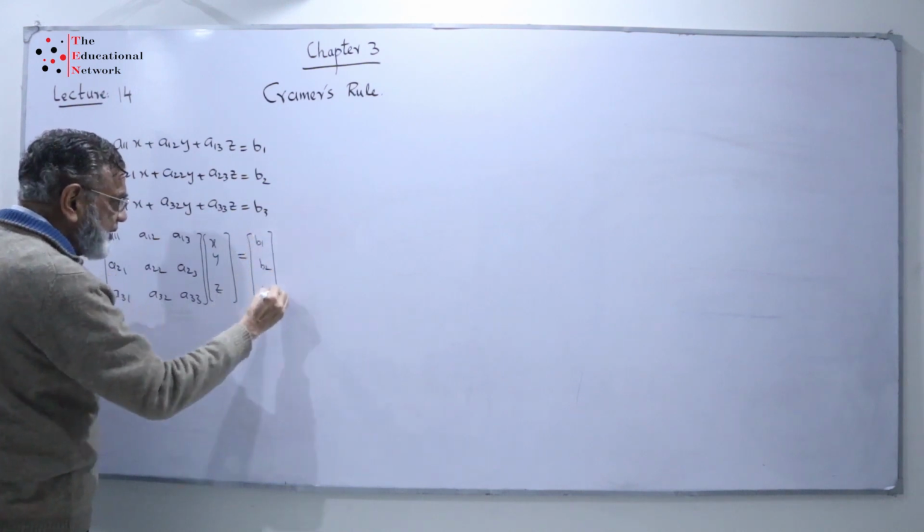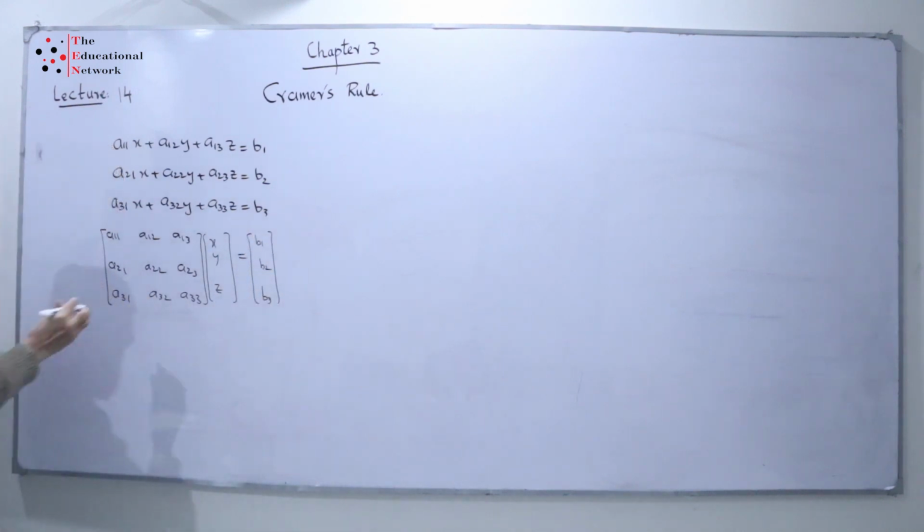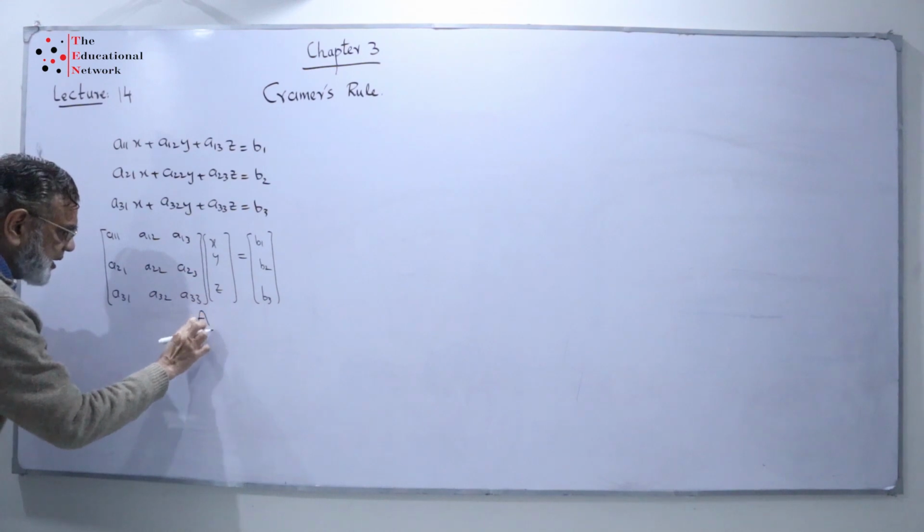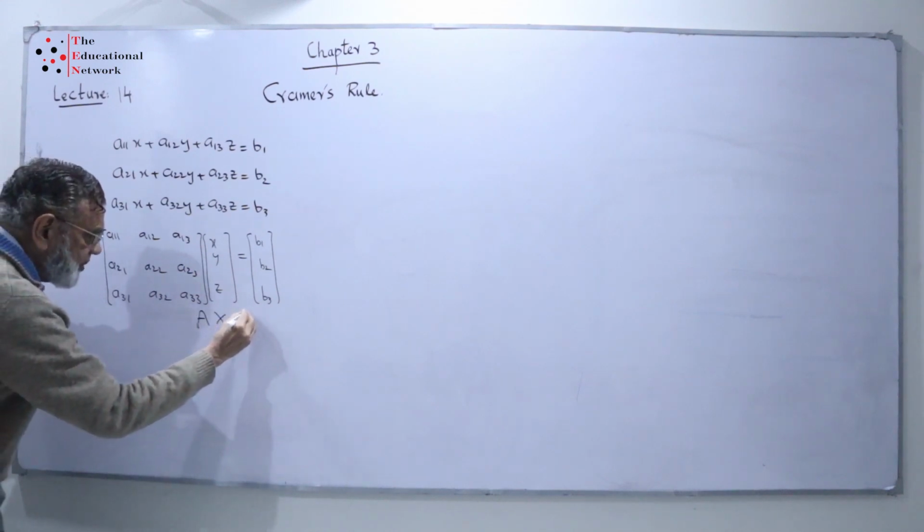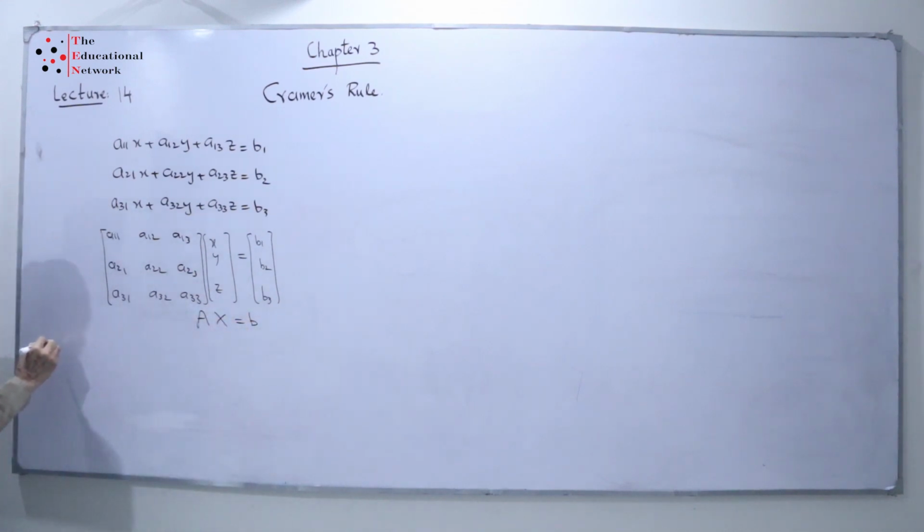Now I define 4 determinants. This is my A, this is my x, and this is my b. The first one is A, the matrix of coefficients.